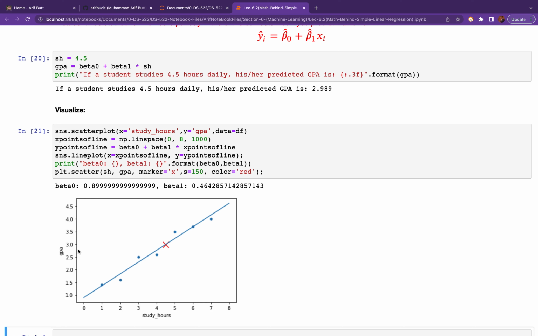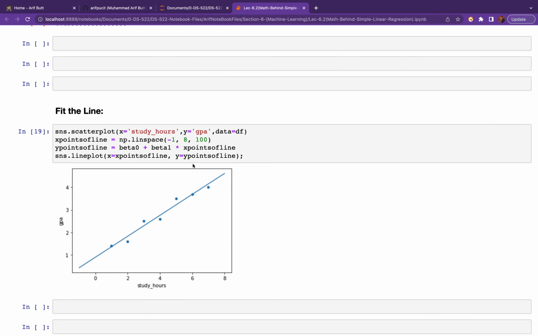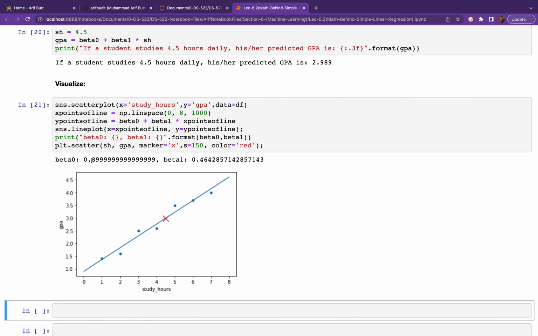Once again, remember beta naught is the y-intercept, which is 0.89. Yes, this is beta naught 0.89, and this line intersects this vertical line at 0.89. Similarly, beta 1 is the slope, having a value of 0.46 in this case.